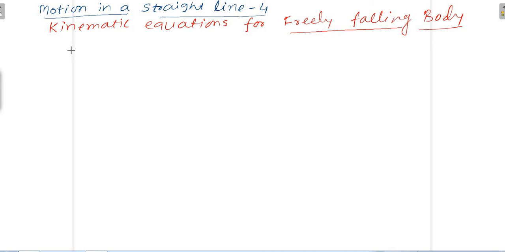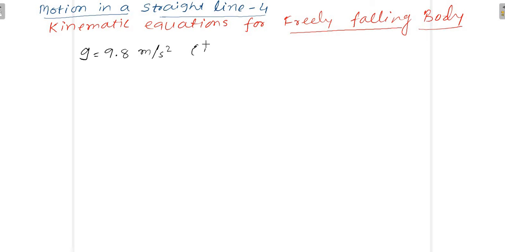But the acceleration produced in the object due to Earth's gravitational force is g, which we know is 9.8 meter per second square, ignoring air resistance. This acceleration is of course in the downward direction.